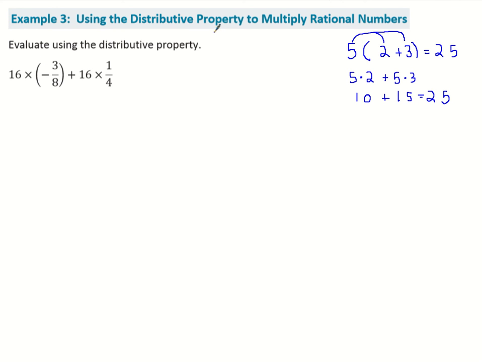Example 3 says, hey, use the distributive property to multiply rational numbers. Now, this one's a little bit strange because we have 16 times negative 3/8 plus 16 times 1/4. And that's not in our form that we had before. It's not at all like this.